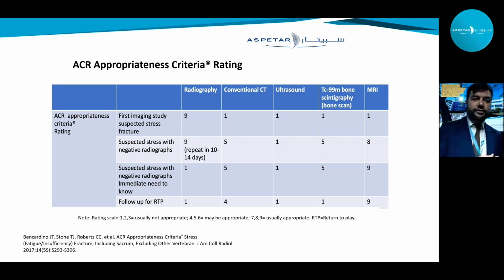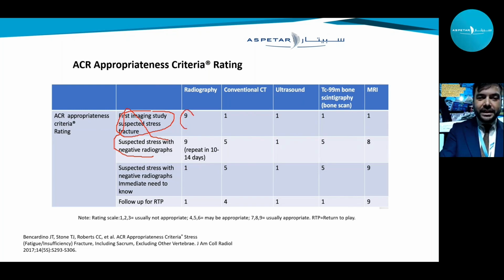The American College of Radiology created these appropriateness criteria. They address what the first imaging study should be when a stress fracture is suspected. The first imaging study that they recommend is radiography.